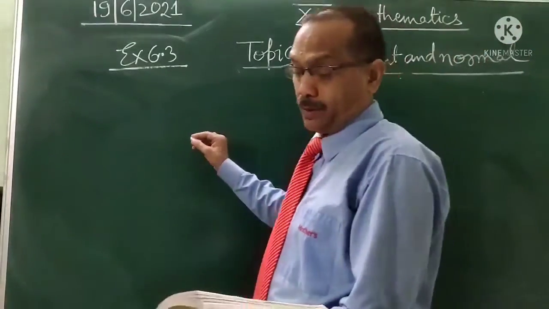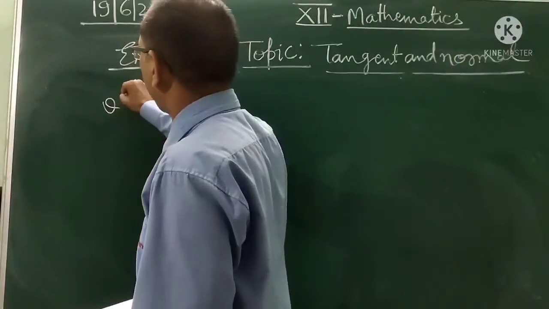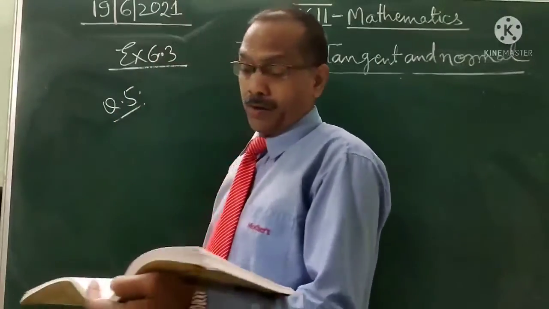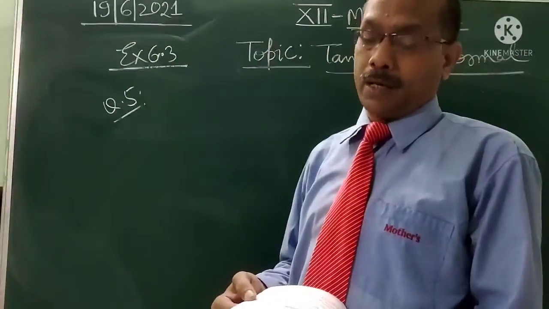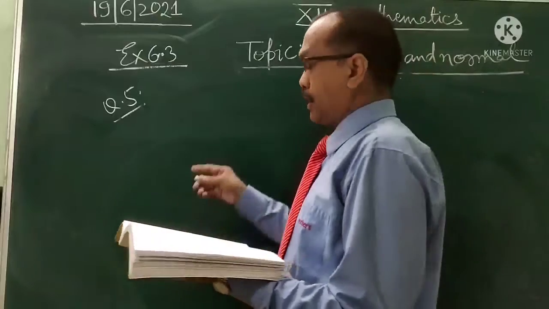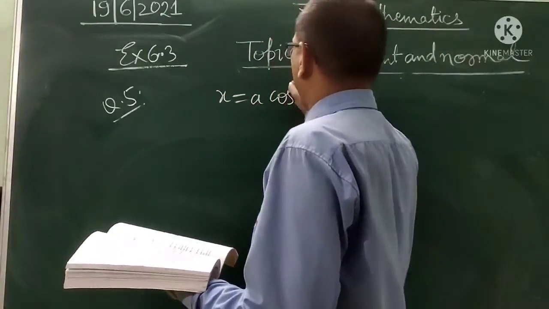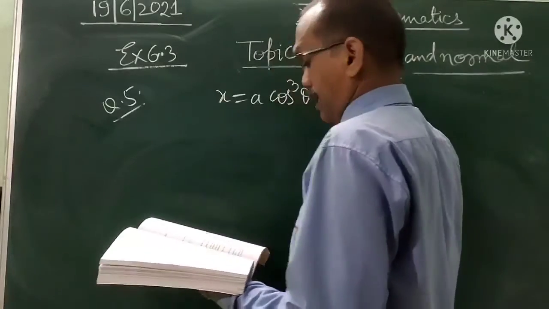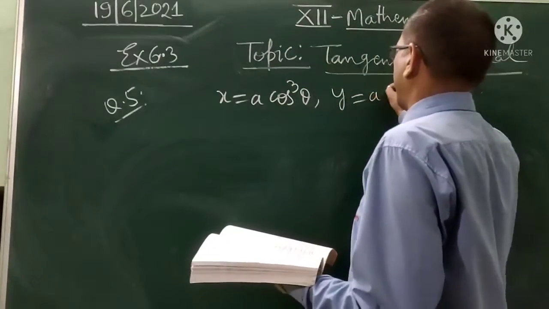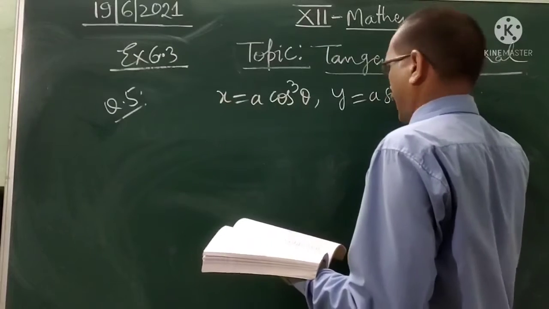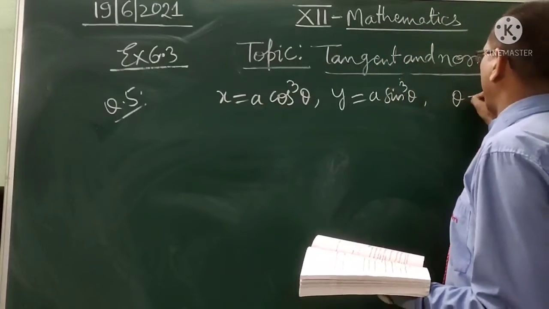Dear student, question number 5. Find the slope of the normal to the curve x equal to a cos cube theta and y equal to a sin cube theta at theta equal to pi by 4.